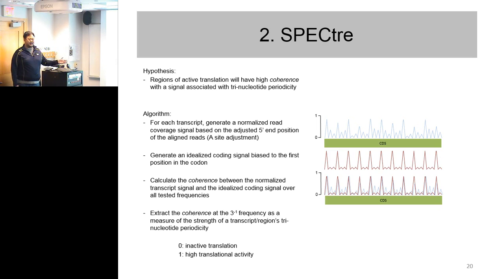So we just wanted to look at it as if we had this ideal signal. And given that spectral coherence is really only concerned about the frequency aspect of your signal, it didn't matter too much to us.